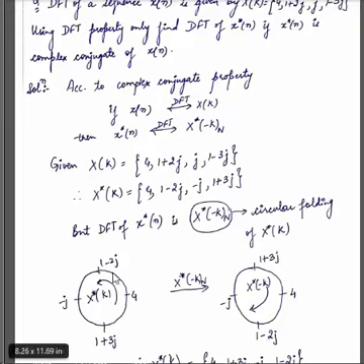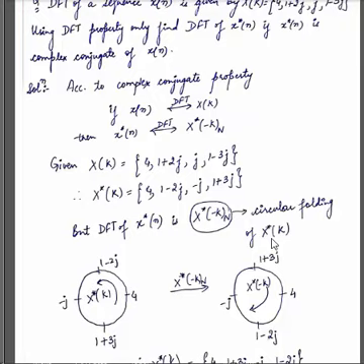But the DFT of x conjugate n is X conjugate of minus k, that is circular folding of X conjugate k. That means the sequence X conjugate minus k is obtained by plotting the samples of X conjugate k in the clockwise direction.